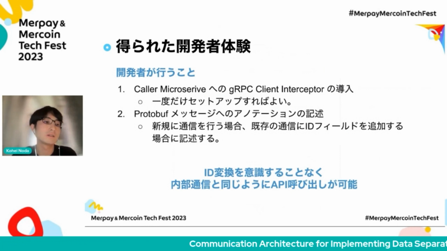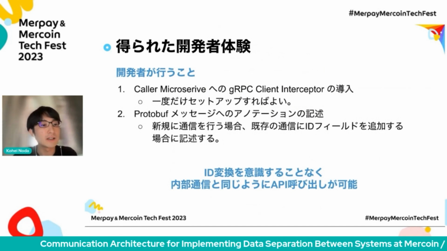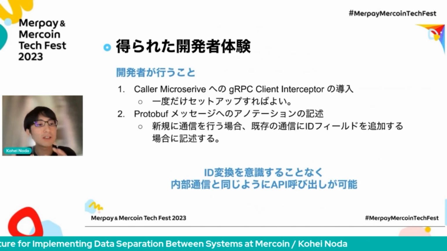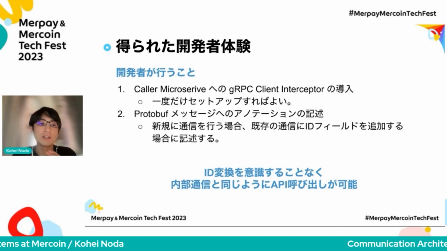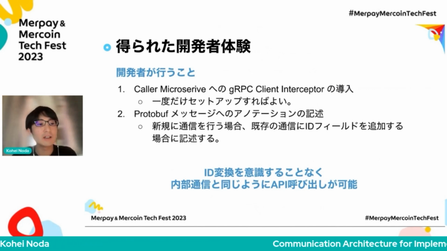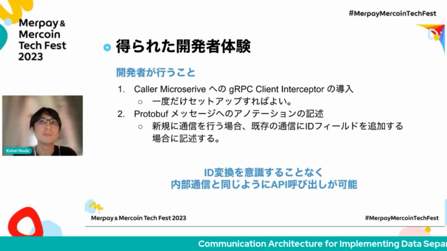So this gateway and gRPC client interceptor realize such a developer experience. Specifically, the only things the developer needs to do is to install the gRPC client interceptor at the caller side. This is a one-time step.